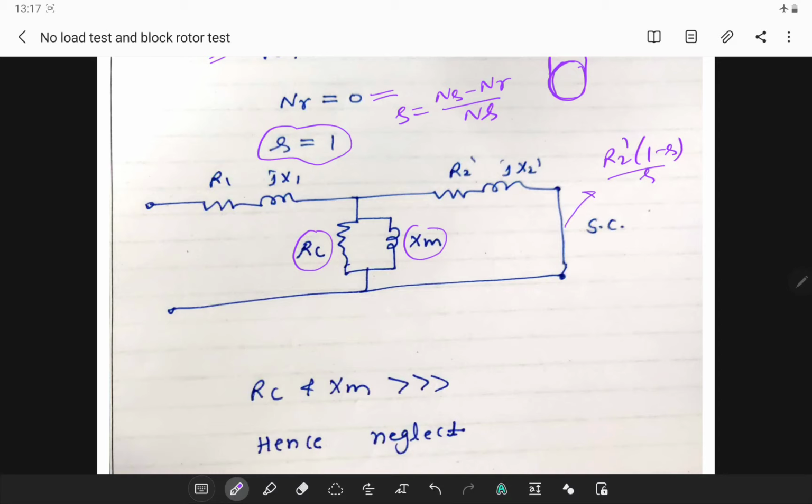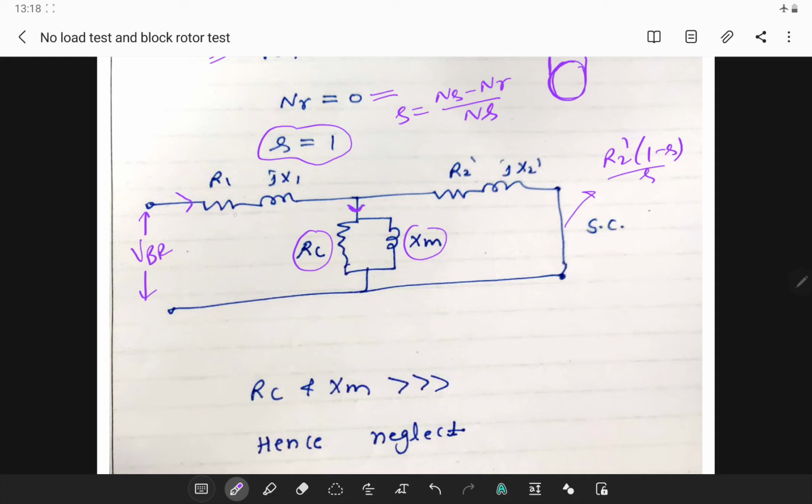So I can say if I apply some voltage here, that is Vbr, during the block rotor test, the motor will draw some current. If the motor is drawing some amount of current, a very small amount of current will go in this side.